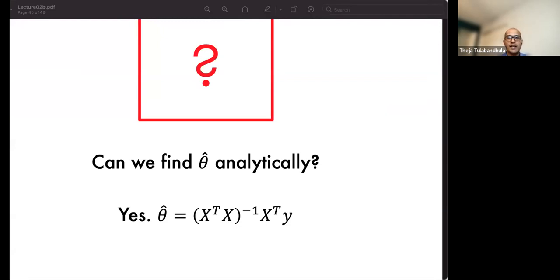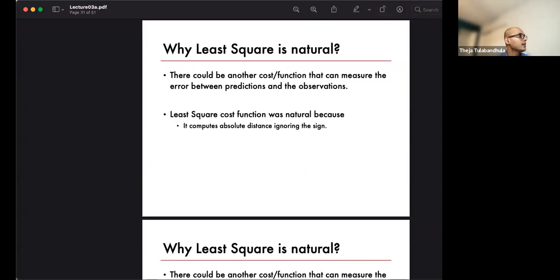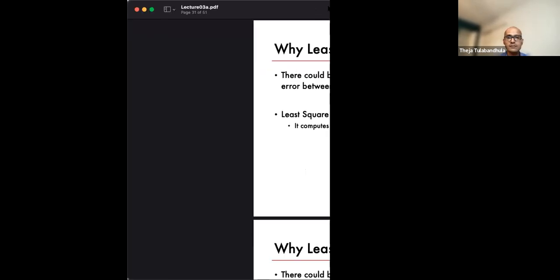So we're going to step to the next slide deck, which is lecture 03A. In 03A, we're going to skip the first 30 slides.